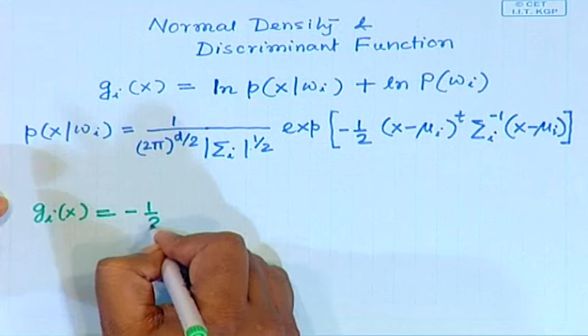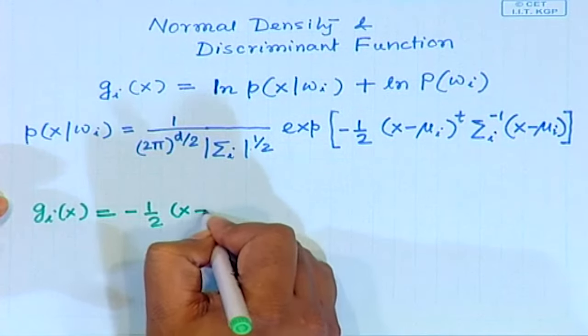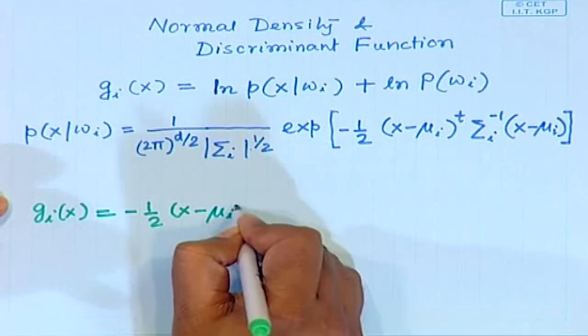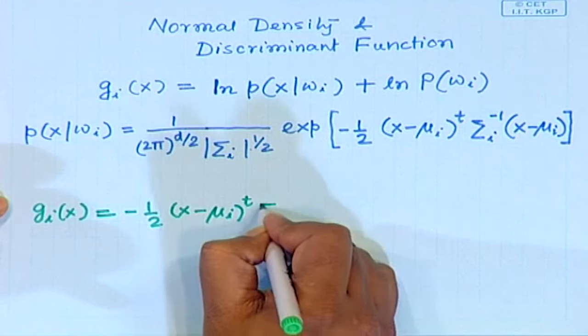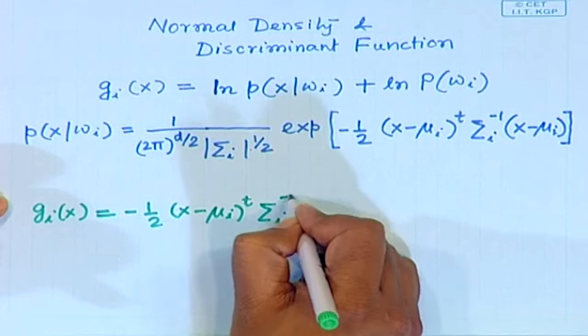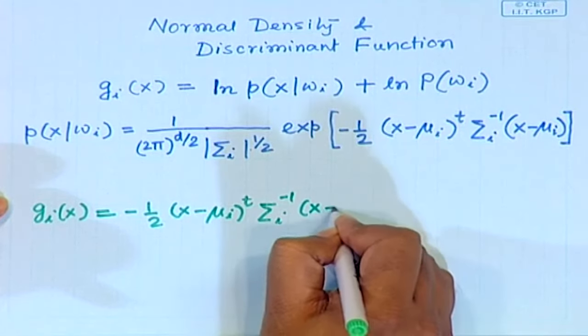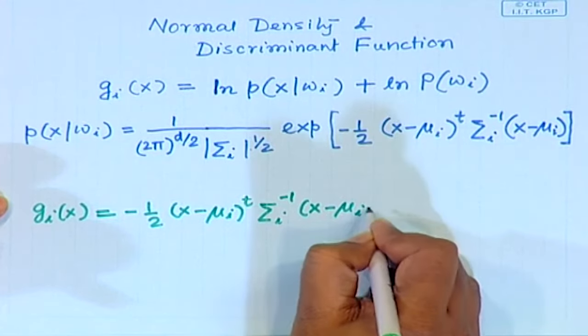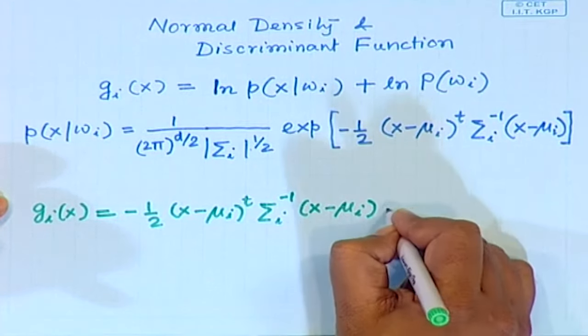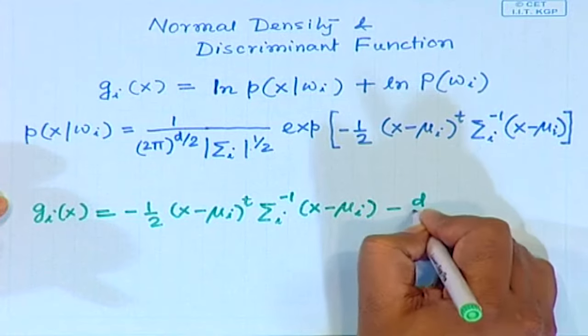minus half into (x minus mu i) transpose sigma i inverse into (x minus mu i), minus d by 2 ln 2 pi, and so on.